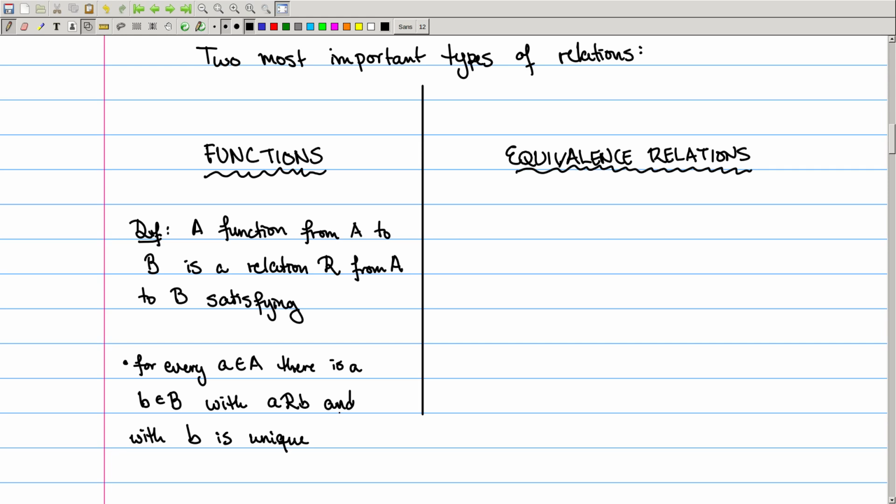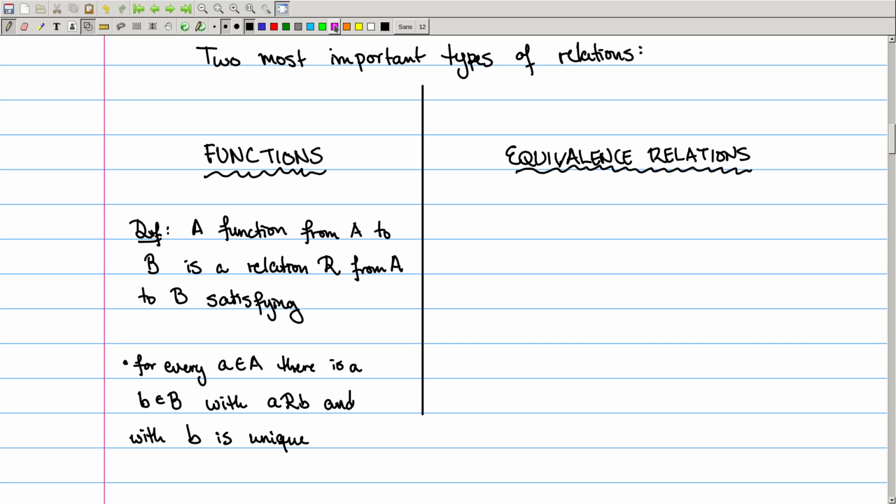So what is this saying? It's saying that for every element in A, it's going to be related to an element in B, and it's going to be a unique element. So the relation is taking a and associating it with a unique b. This is exactly what a function does. It takes an element a to an element of B.